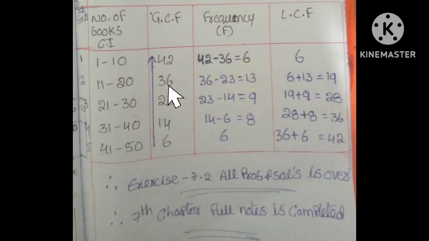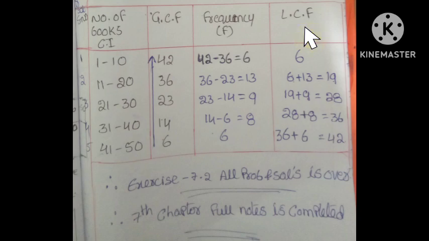Next, 36 minus 23 equals 13. Next, 23 minus 14 equals 9. Next, 14 minus 6 equals 8. The last one is as it is, that is 6.